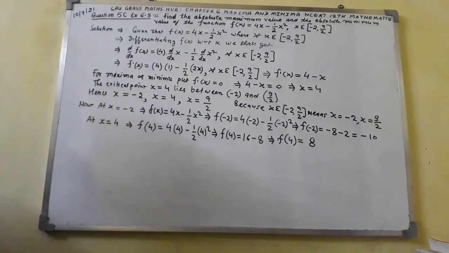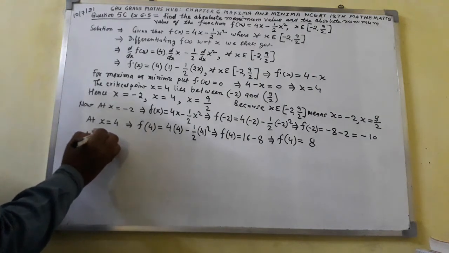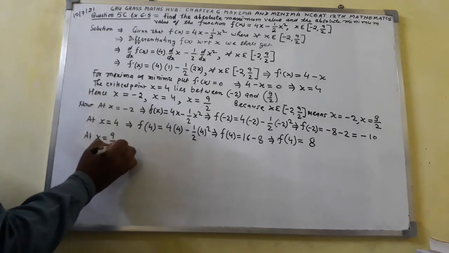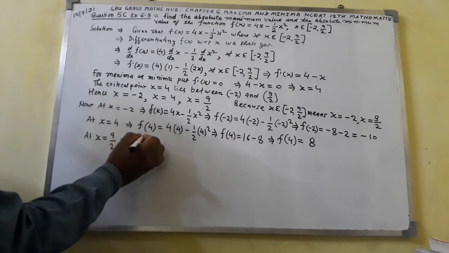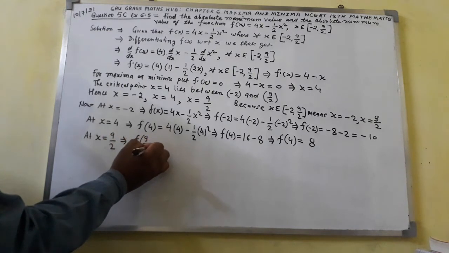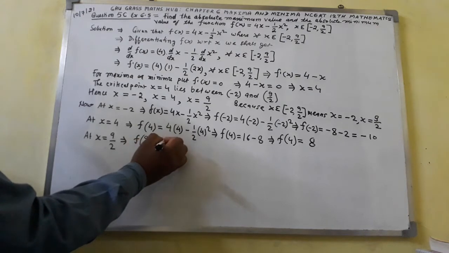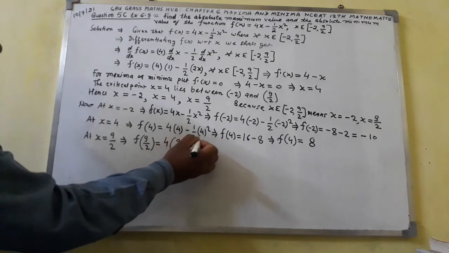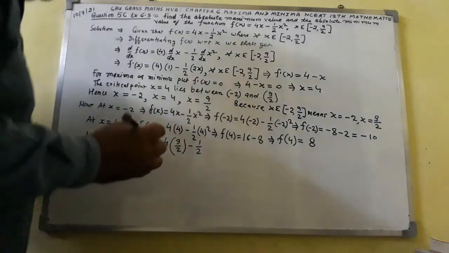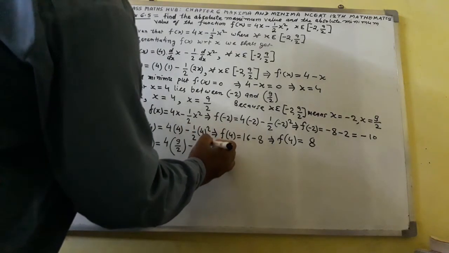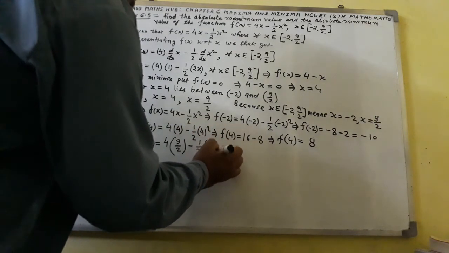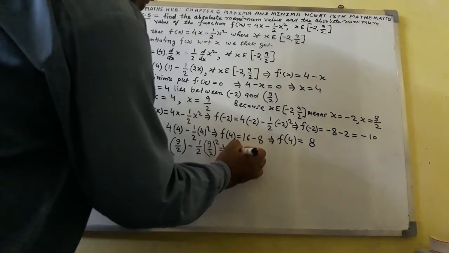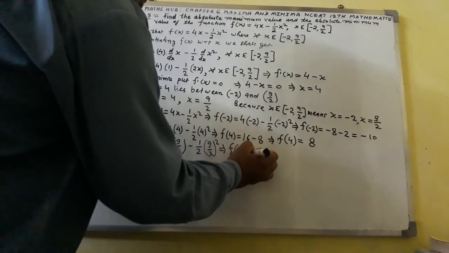Again I shall write at x equal to 9 over 2, implied that f of 9 over 2 equals 4 times (9 over 2 minus 1 over 2) times (9 over 2) squared.